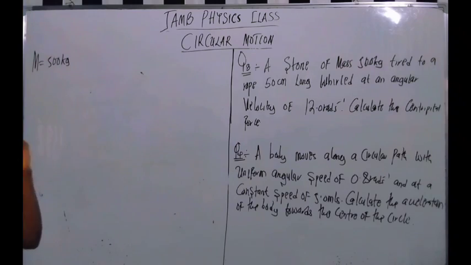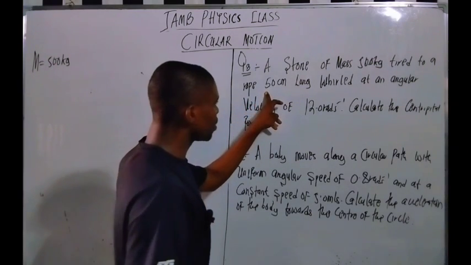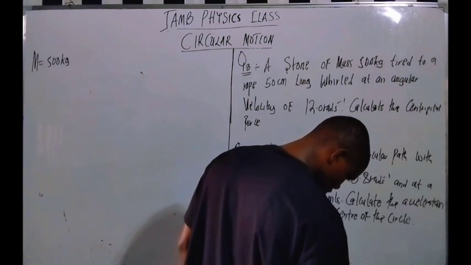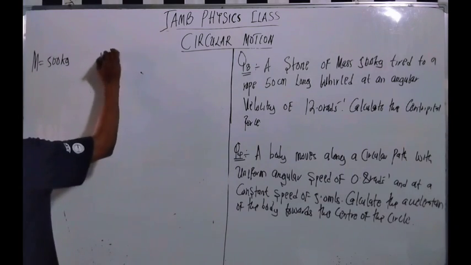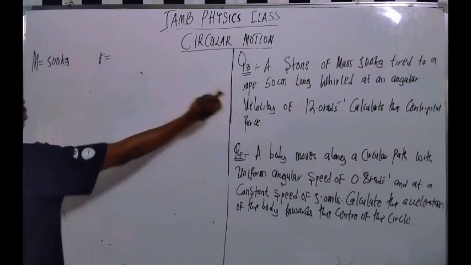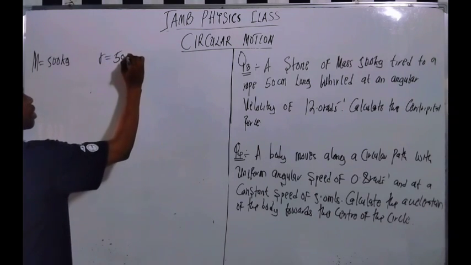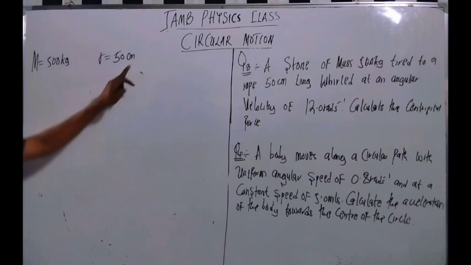Which is okay. Now it's tied to a rope which is 50 cm long, which is the radius, right? The radius is going to be 50 centimeter.